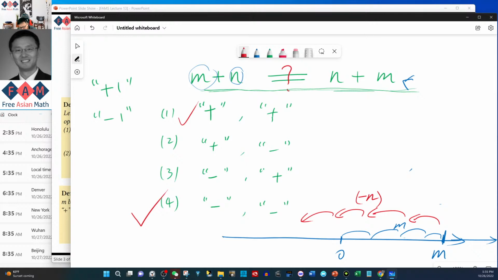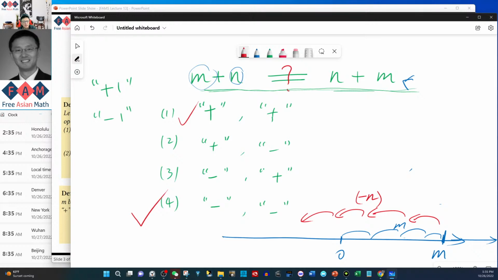But we need to do some increments first, then some decrements second. Does it really matter whether we do all those increments first or second? Well, it's quite easy to see with this number line that it doesn't really matter.